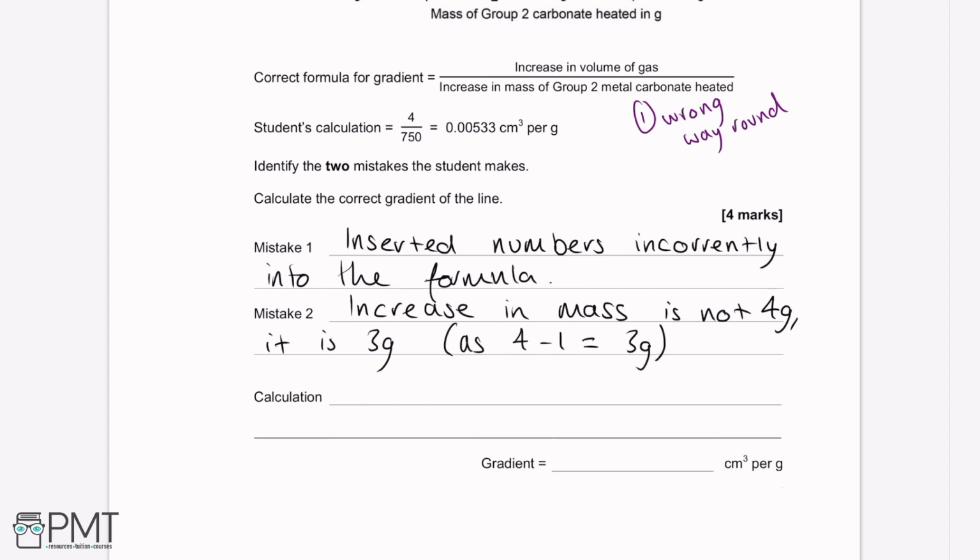Okay? So they're the 2 mistakes. We spotted them perfectly. Now we need to calculate the correct gradient of the line.